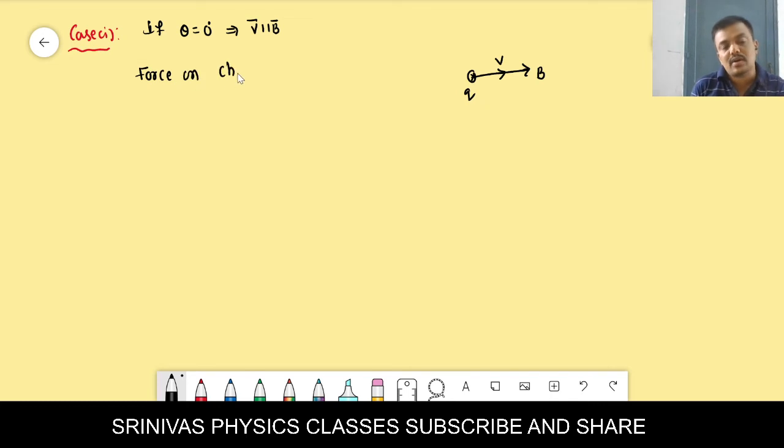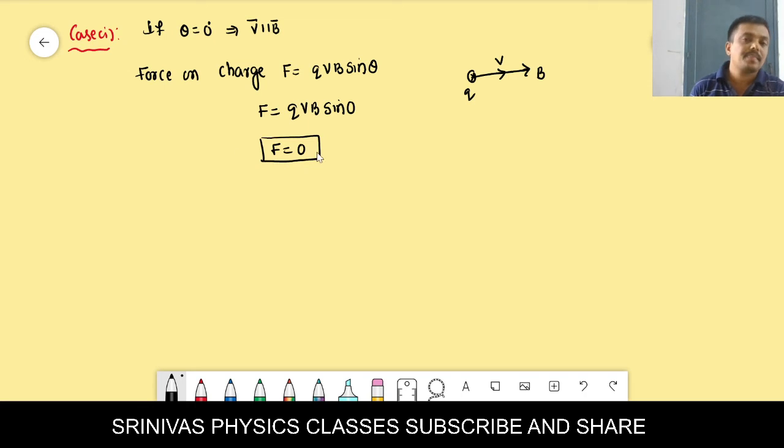Can anyone tell what is the formula for the force on a charge in a uniform magnetic field? Yes, tell me. QVB, very good. In this case, velocity is there, field is there, charge is there, but theta is 0. The value of sin 0 is how much? 0.